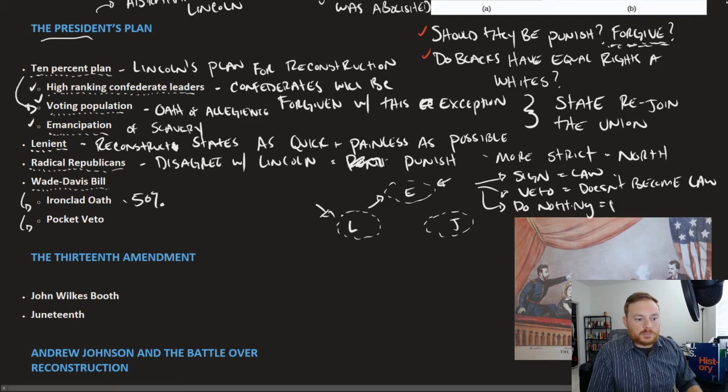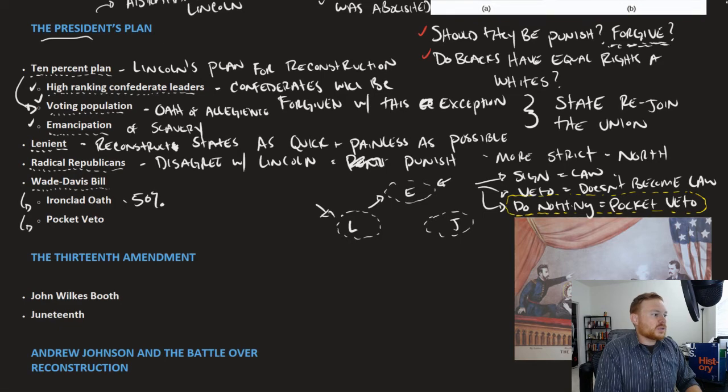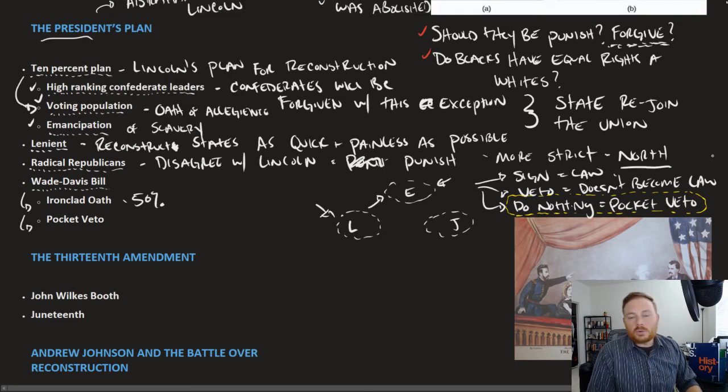And we call this a pocket veto, because even though the president doesn't outright reject it, by not signing it, it simply expires and it doesn't become a law. And what happened to the Wade-Davis bill was this choice right here. Lincoln simply refused to sign it.